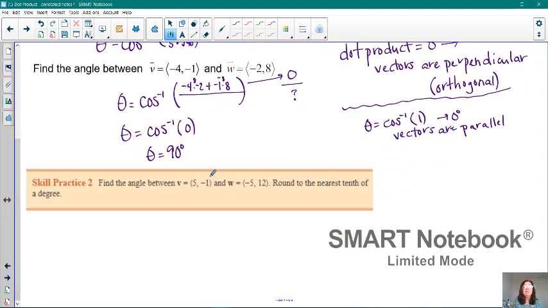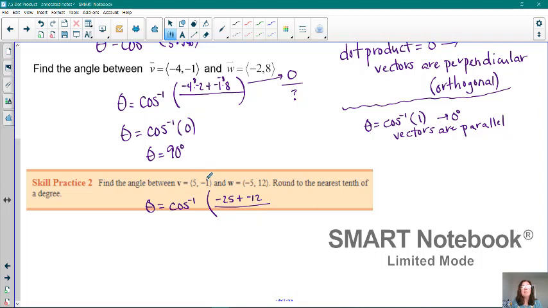Find the angle between V and W. So we know theta is equal to the inverse cosine of. Let's see if we can go ahead and do the dot product and not multiply the whole thing out. 5 times negative 5 is negative 25. Negative 1 times 12 is negative 12. Could we go ahead and do the magnitudes in our head as well?